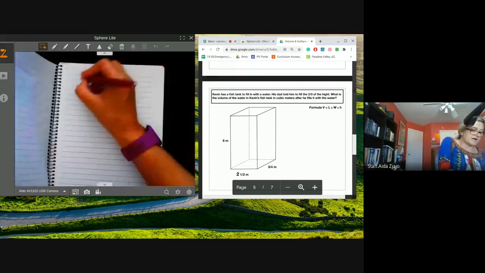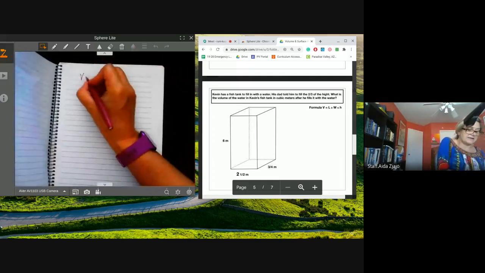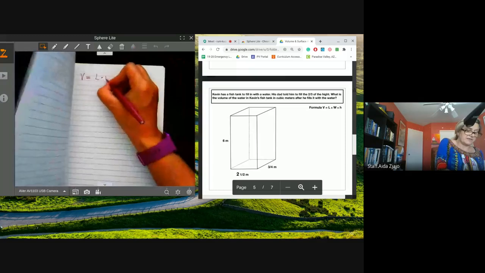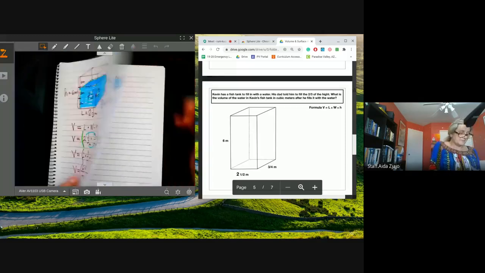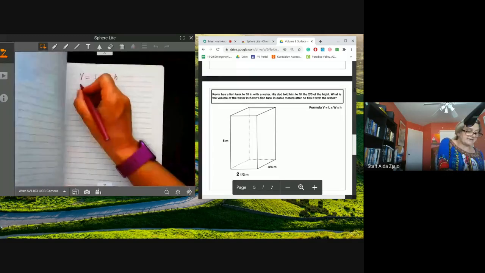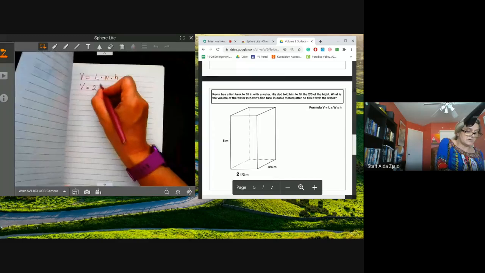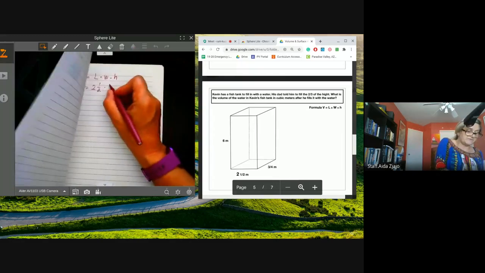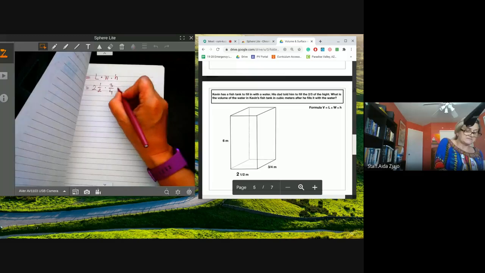We are looking for volume. Now look at the other idea: length times width times height. So we have that our length was 2 1/2, and then width was 3/4, and the height was 4.